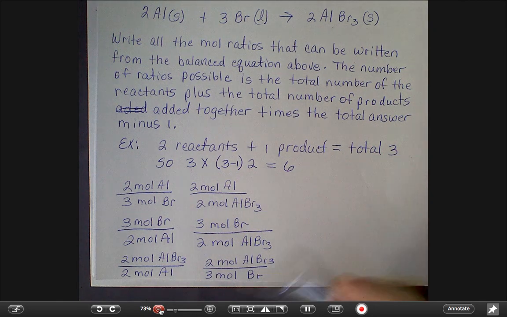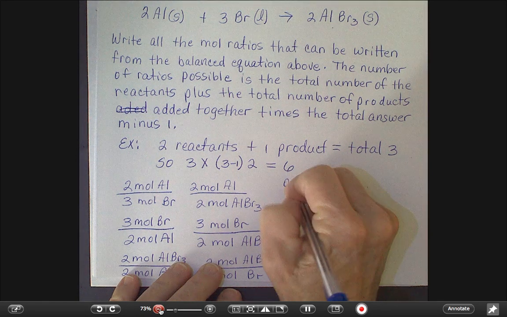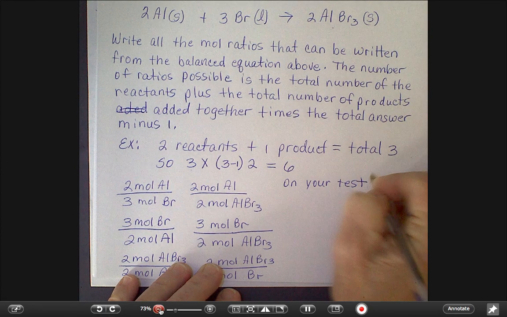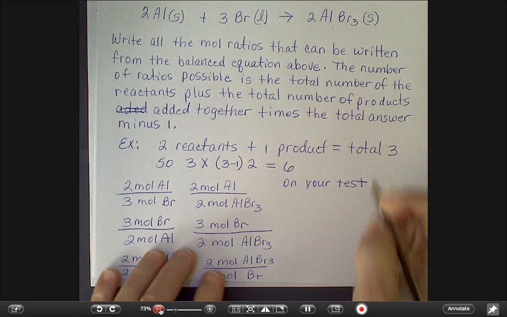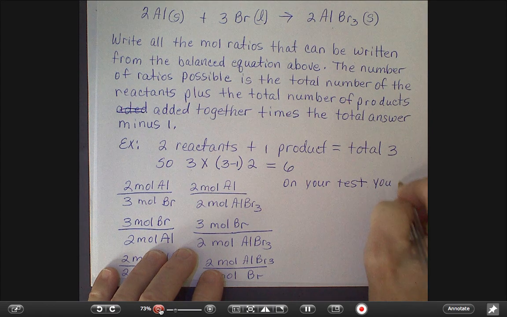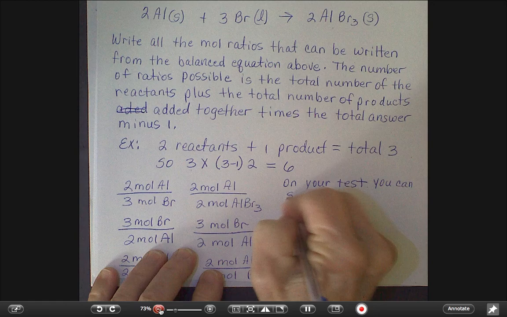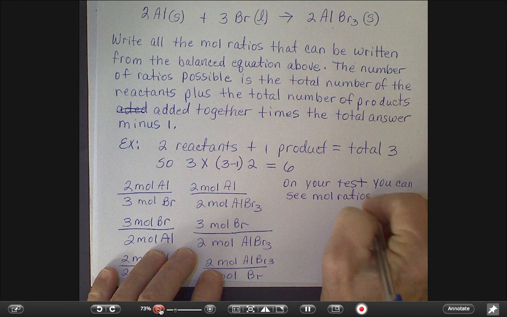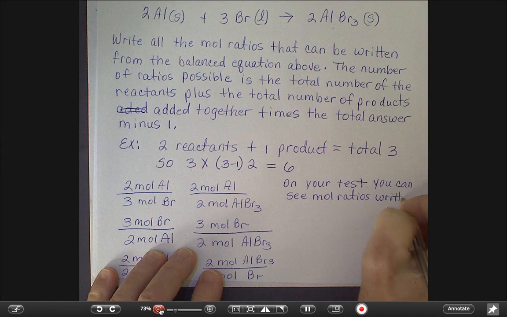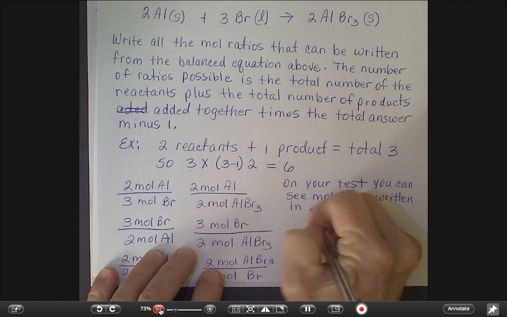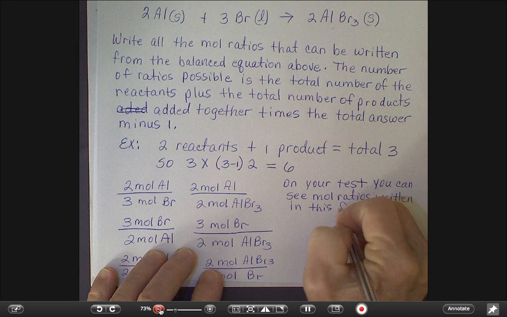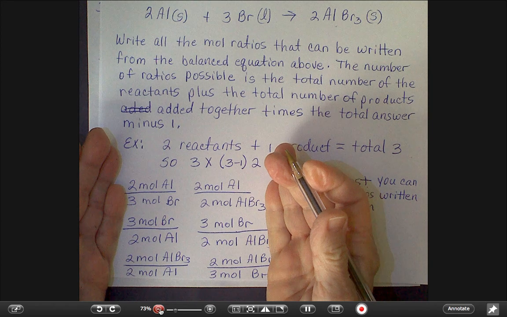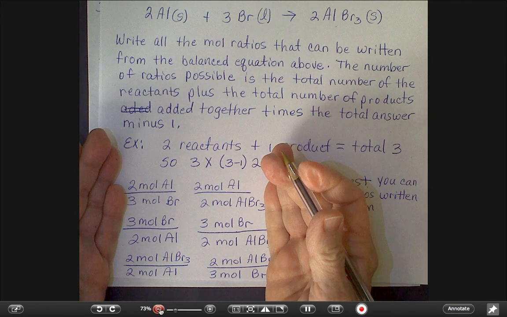All right. Now then, on your test, you think this is important? You can see mole ratios written in this form. Okay, in our math, what we're getting ready to do, this is the way we will write our mole ratios.